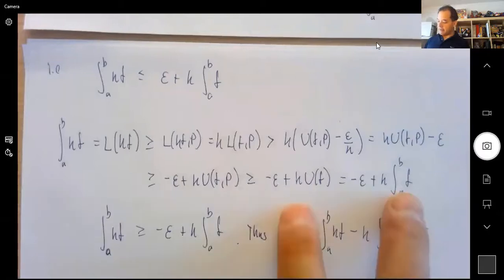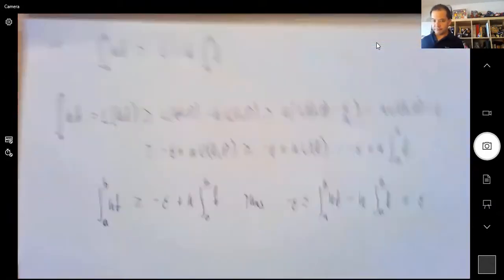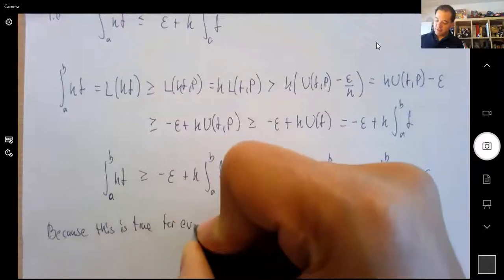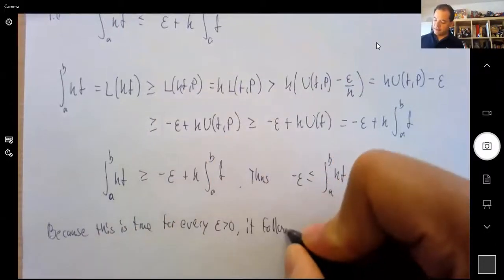So it means that the absolute value is less than epsilon, right? And because this happens for every epsilon, this number better be 0.